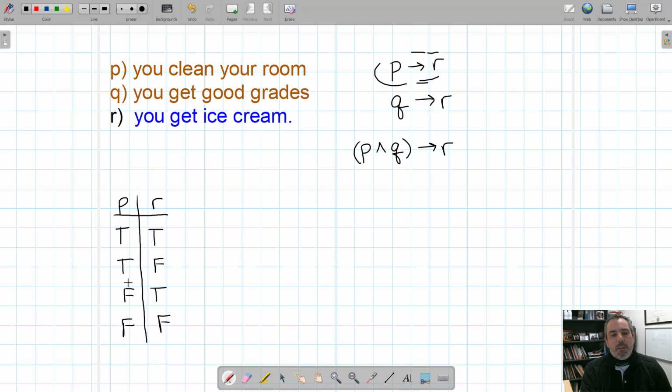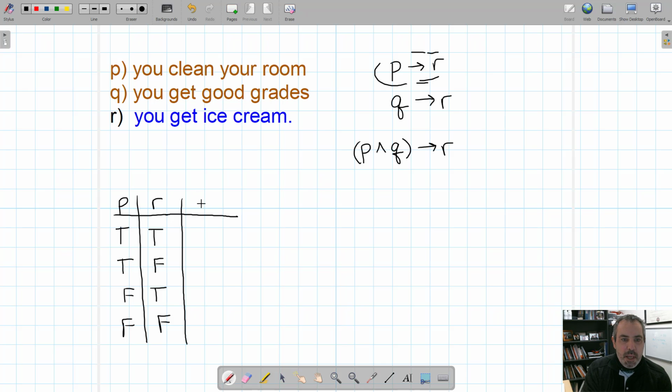Now this takes a little bit of practice, but you're going to notice all truth tables with two statements get set up the same way, right? The order doesn't matter, but they're either both true, they're both false, or one is true and the other is false.